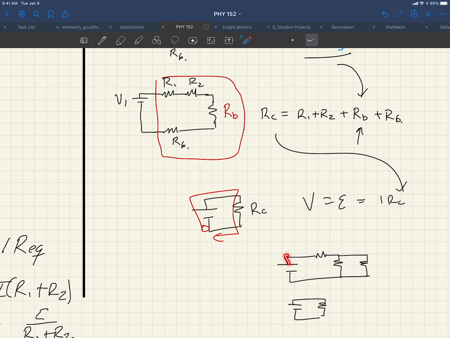Well, we know that the current leaves the battery, goes through this resistor, and splits. So what are you going to find in this equivalent circuit? You're going to find the current that leaves the battery. You're going to find that the current in this circuit is I1. And that's going to help you do pretty much everything you need to do.